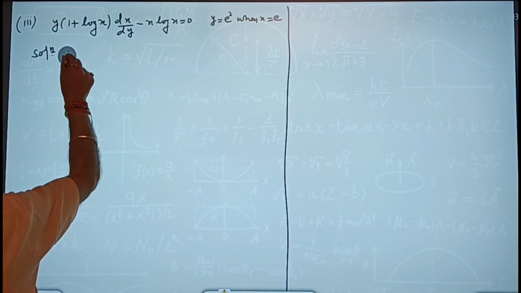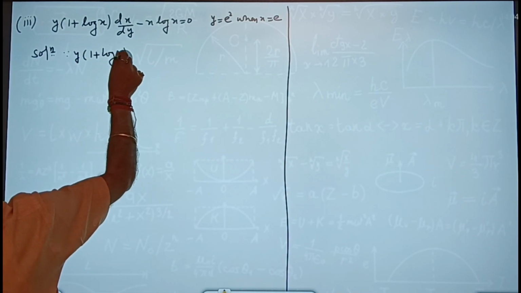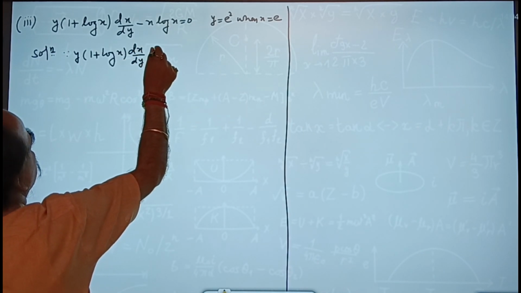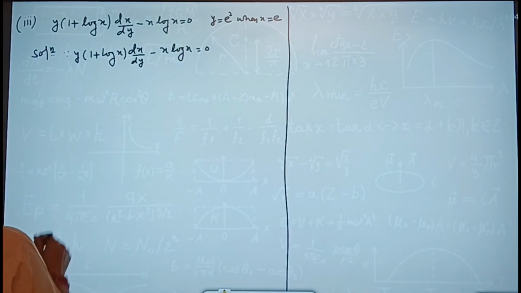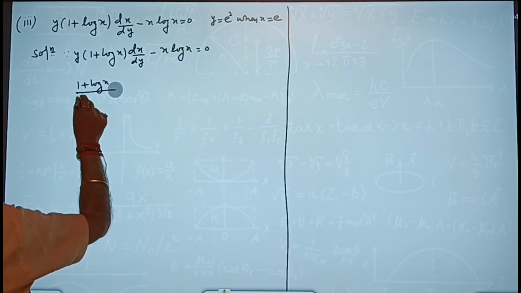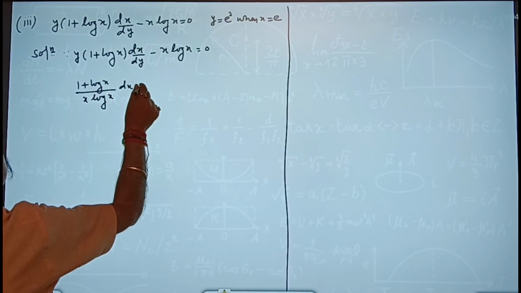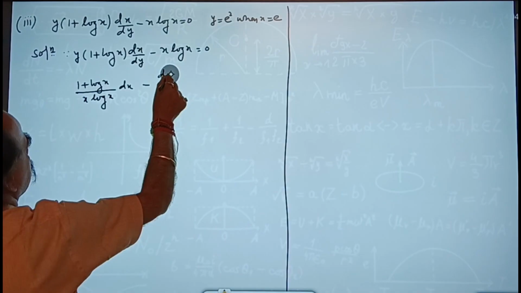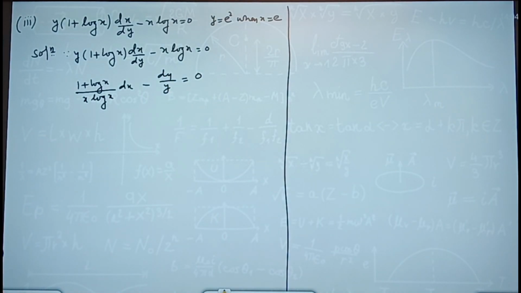Since y into 1 plus log x dx by dy minus x log x is equal to 0, 1 plus log x divided by x log x dx minus dy upon y is equal to 0.